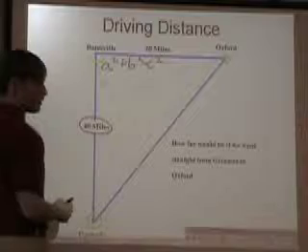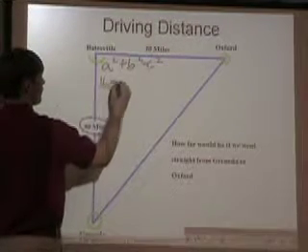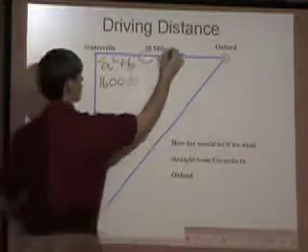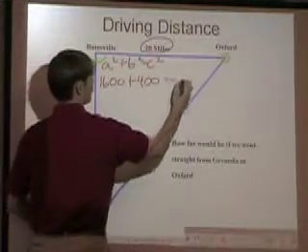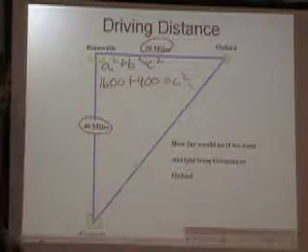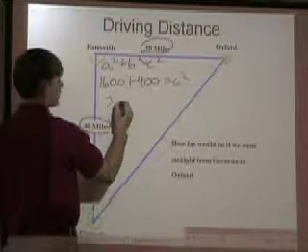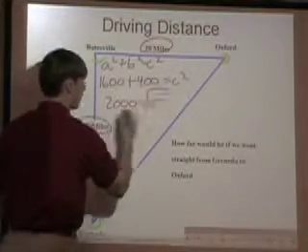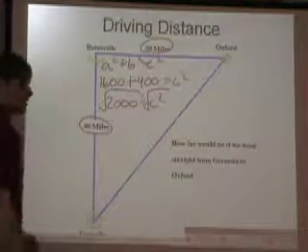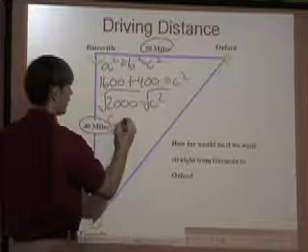So what's 40 squared? 1,600 plus 20 squared is 400, and that's going to be C squared. So now what's 1,600 plus 400? 2,000. We got 2,000 equals C squared. Now I've got to take the square root of both sides to get C by itself. And what do I get? 44 point something? 44.7.